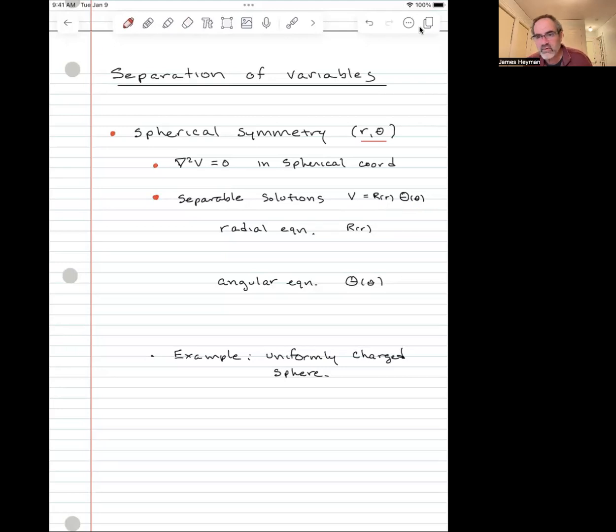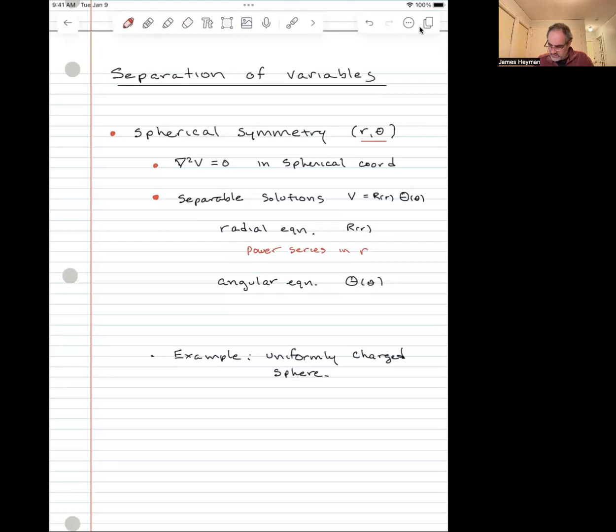Or actually, what we're going to do is look at the solutions, because these problems are very well known and their solutions are well known, even if they're not very well known to us. We'll find that the radial equation, the solutions look like power series in r, the radial coordinate.